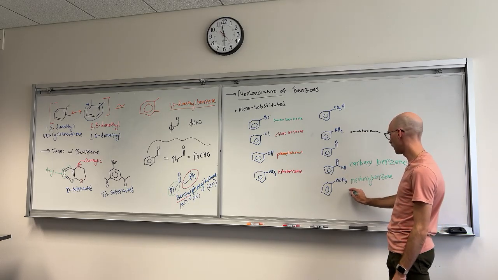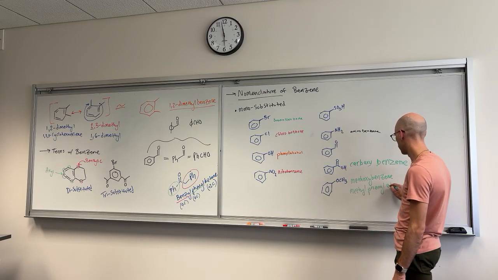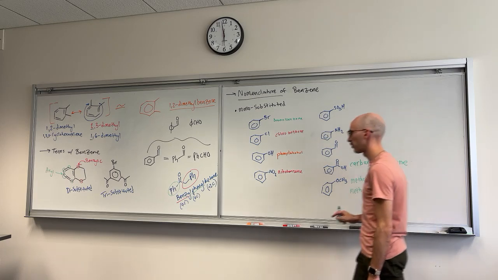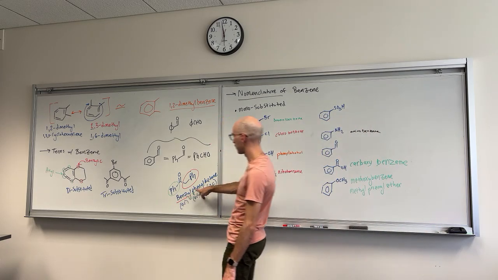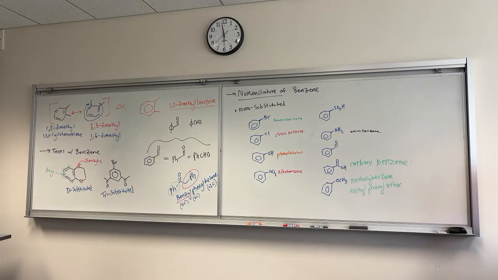But you could call it methyl phenyl ether. By the way, how am I deciding whether methyl or phenyl comes first? How am I deciding whether benzyl or phenyl comes first? Alphabet. Alphabetical order.